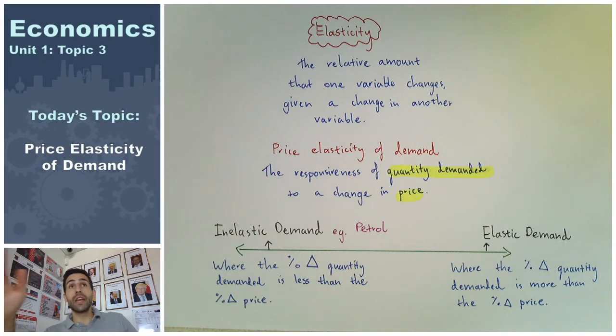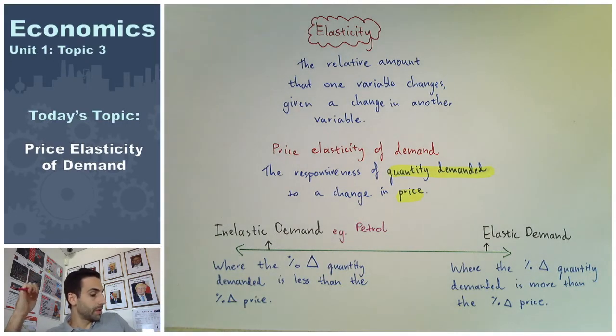Therefore, this would be an example of something with inelastic demand. The price of petrol may go up by 20%, but demand might only drop by 5%. Because at the end of the day, I've got to fill up the tank if I'm going to drive to work. It's as simple as that.